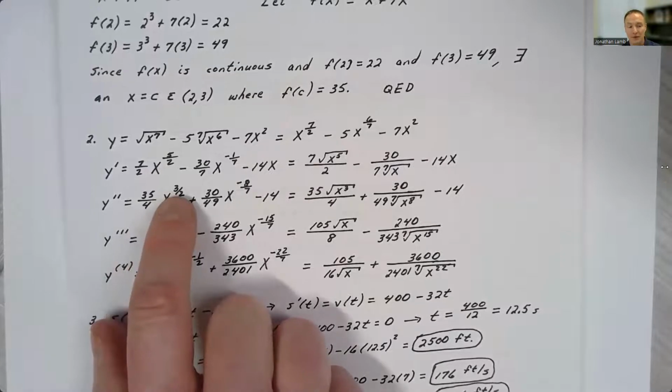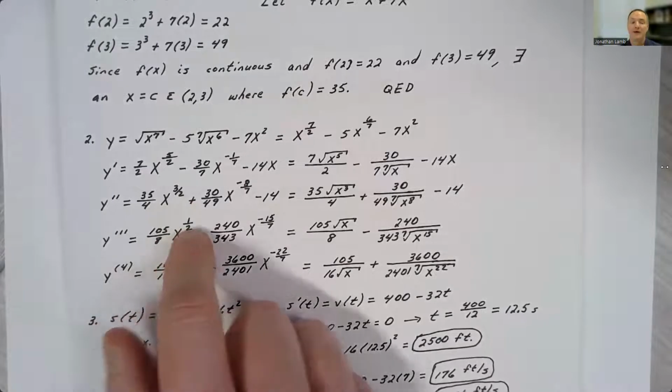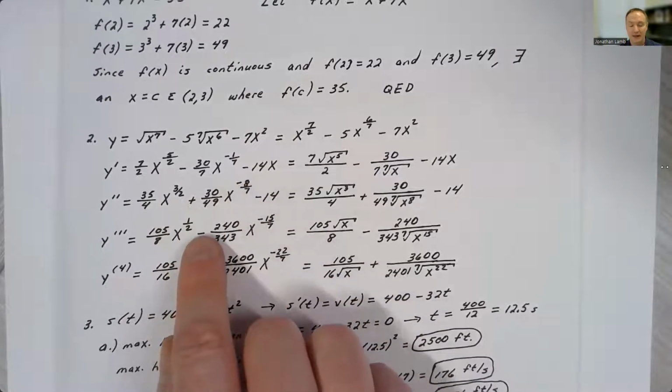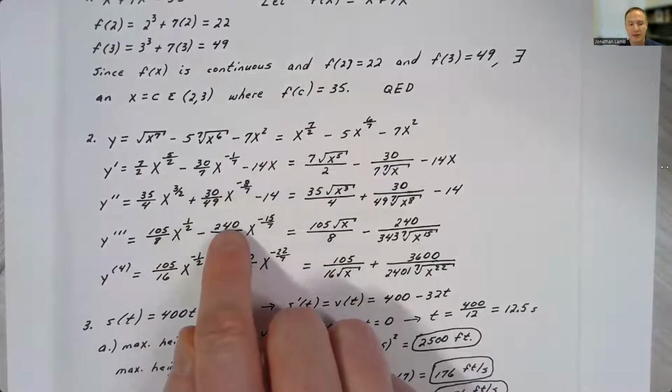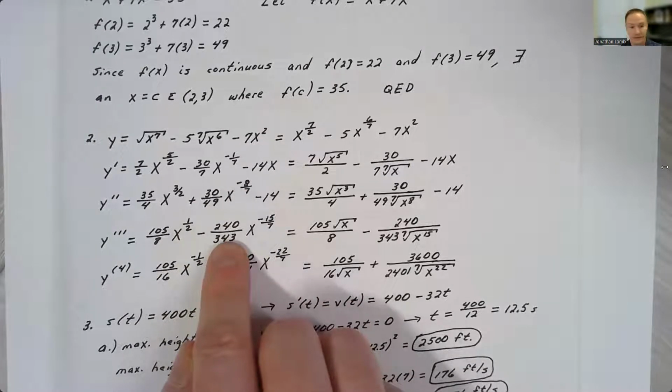And then the x is going to go from the 3 over 2 power minus 1 to get to the 1/2 power. The next term, I know a negative times a positive is going to make this term negative, so I subtract the second term, and I'll have 8 times 30 is 240. 7 times 49 is 343. So I just get minus 240 over 343.